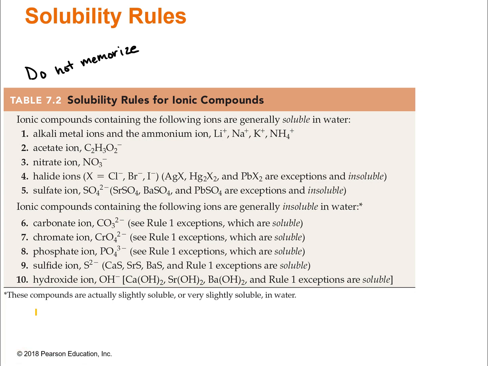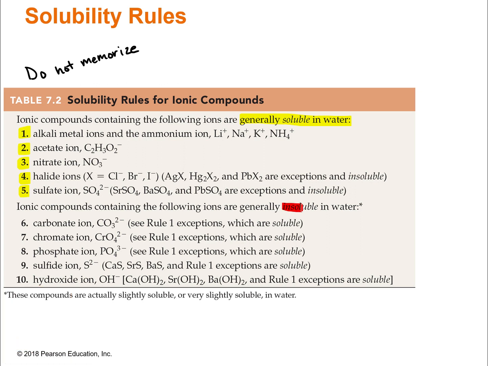Let's talk about what's in this table. There are two parts to this table. The first one talks about things that are generally soluble in water. So that's 1 through 5. If you see any of these things, they're likely going to be soluble in water.